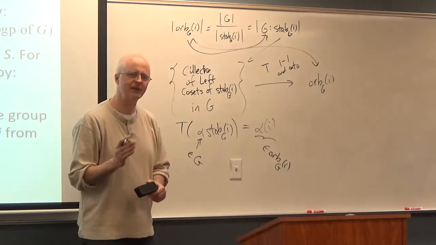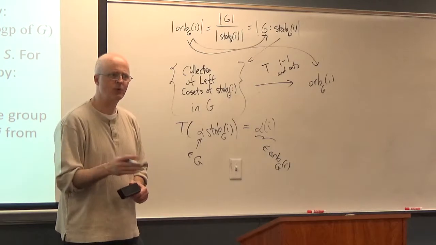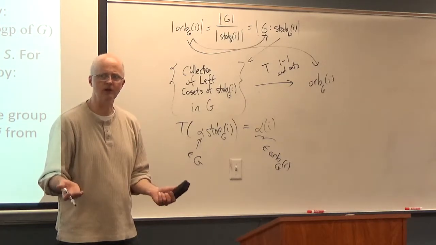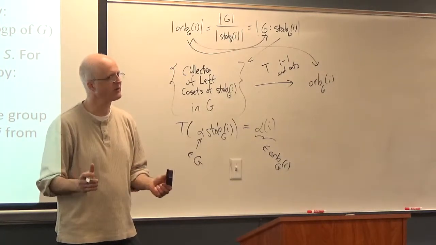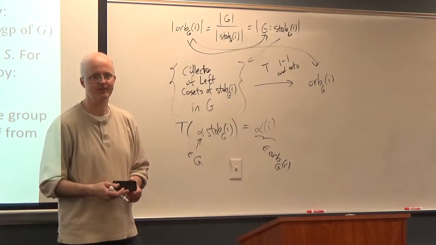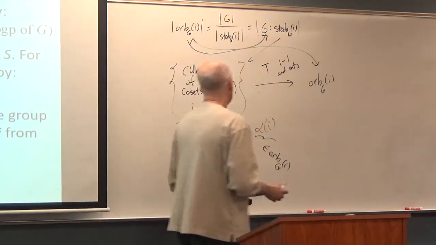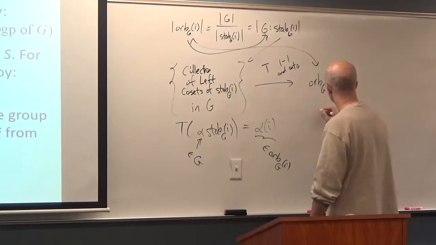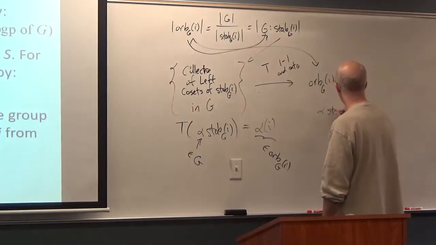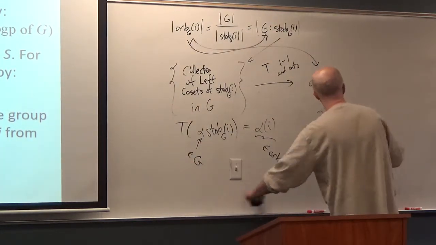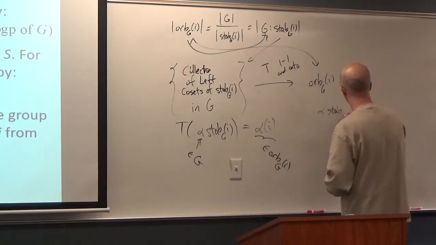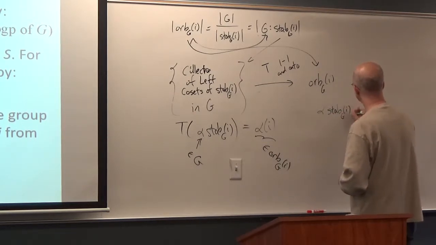But again, there's this fundamental issue. You can't just quickly show this as one-to-one and onto and be done. You also have to show it's well-defined, and this is an important thing. It's going to come up again. What if you had a different representative for the coset? Understand what I mean when I say that?